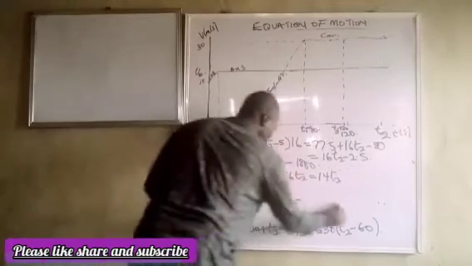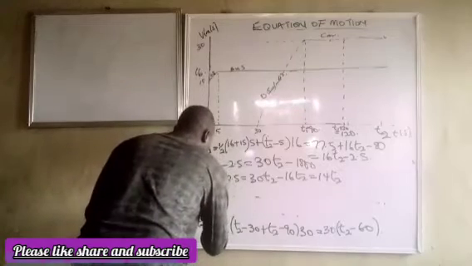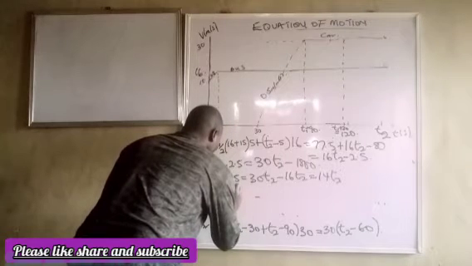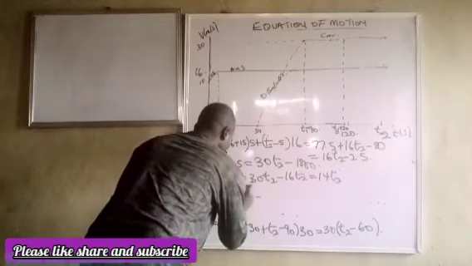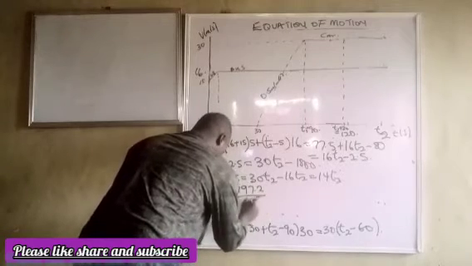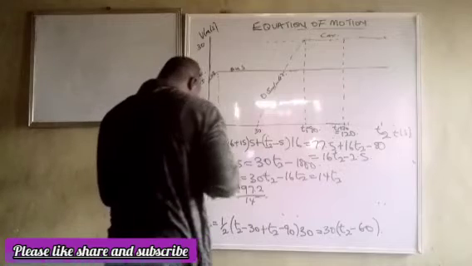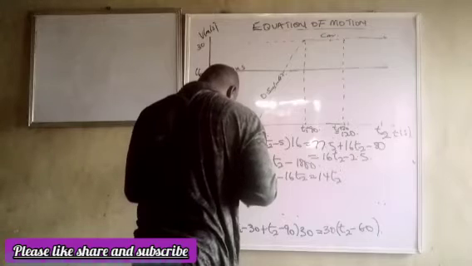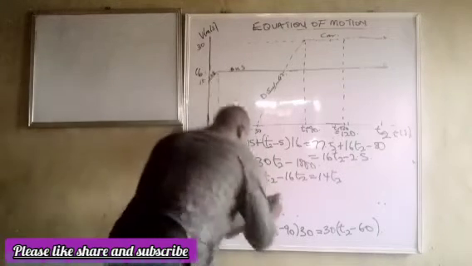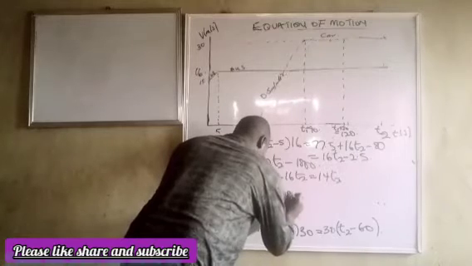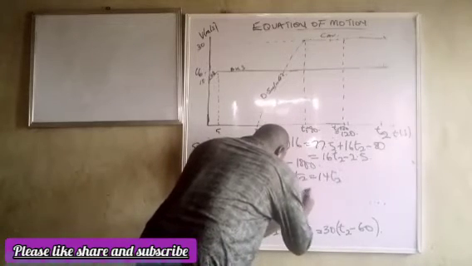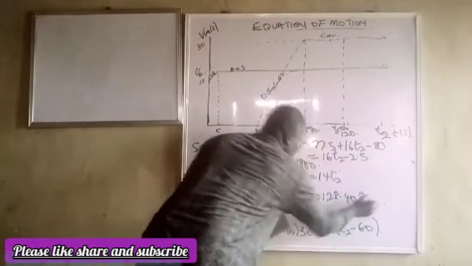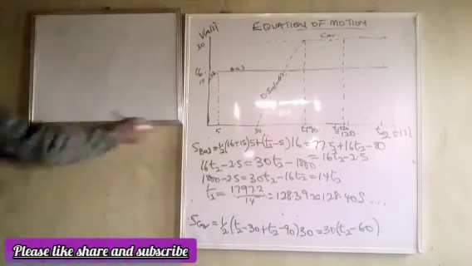So t2, the time at which overtaking takes place, will be equal to 1797.2 over 14, which is approximately 128.40 seconds.